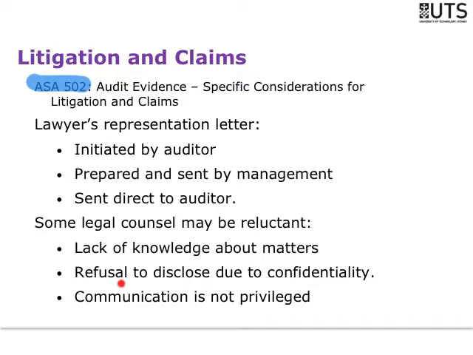There might be a refusal to disclose due to confidentiality. So if it relates to an ongoing case or a case that has not even occurred yet, but the lawyers are aware of it, they'll be less willing to disclose this to the auditor. And communication might not be privileged, meaning the auditor simply doesn't have the right.